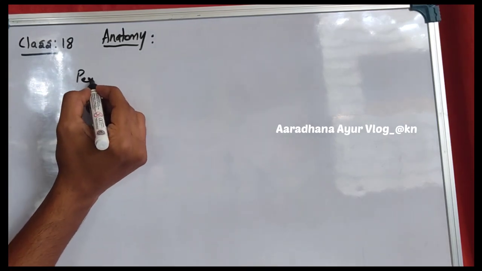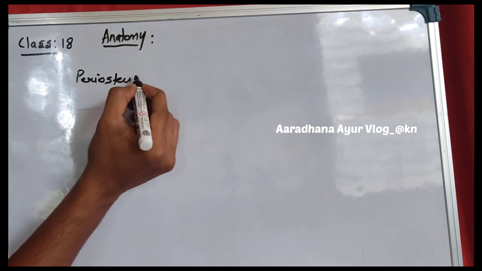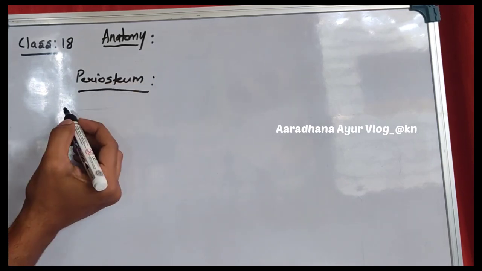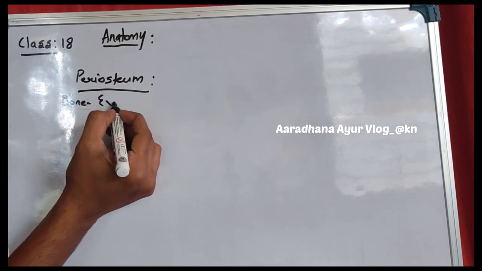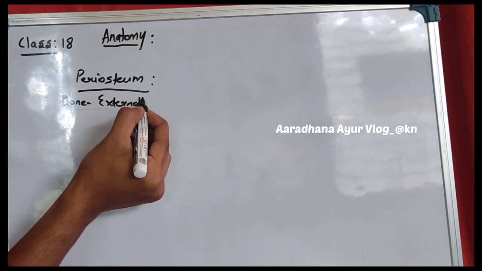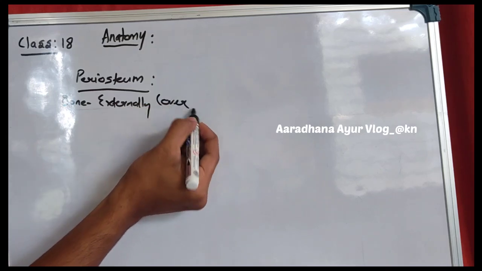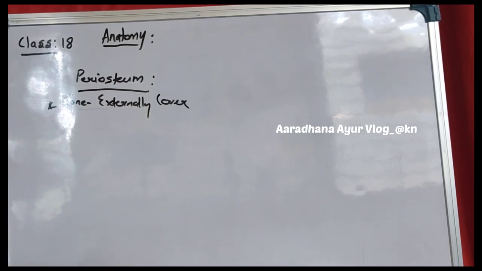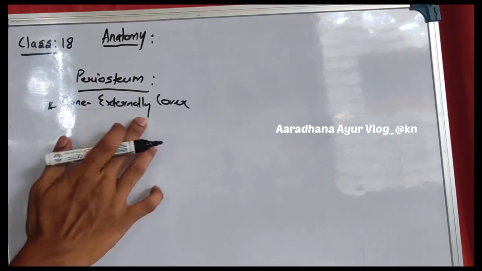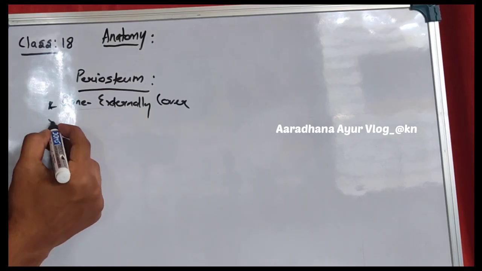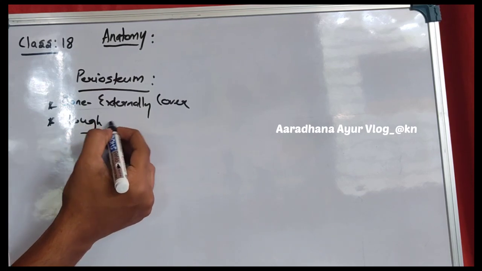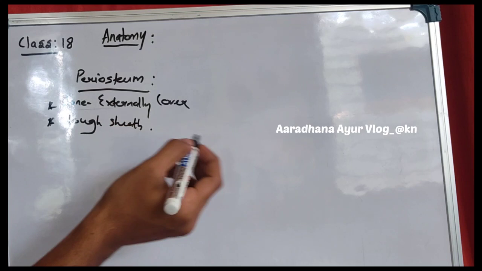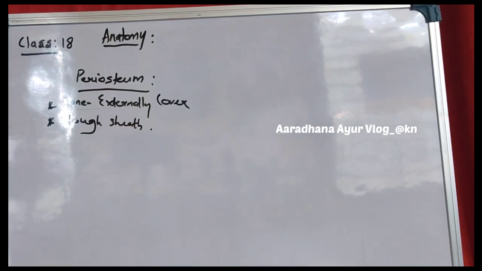I have told you the periosteum is the outer layer. It covers the bone externally, and it is a tough sheath composed of collagen fibrous tissue.